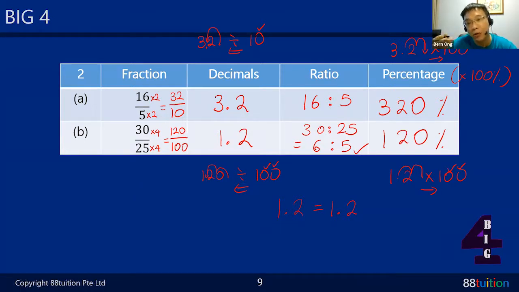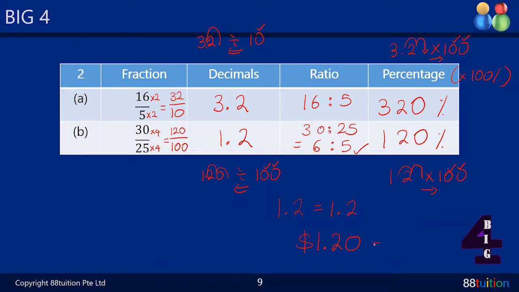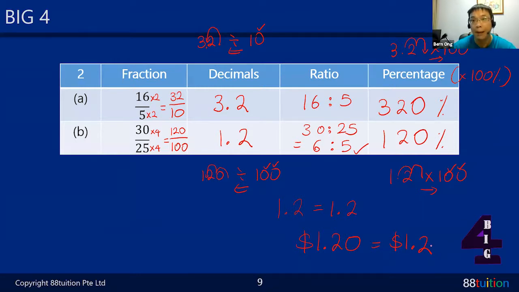Because if you write the 0, you must waste more ink, right? So actually, for money you can write $1.20, right? You can also write as 1.2. It's actually the same thing. But for money, we like to write as 2 decimal places like that with a 0.